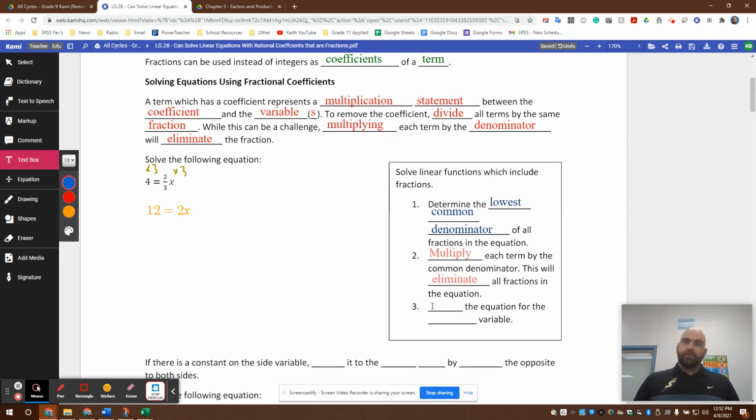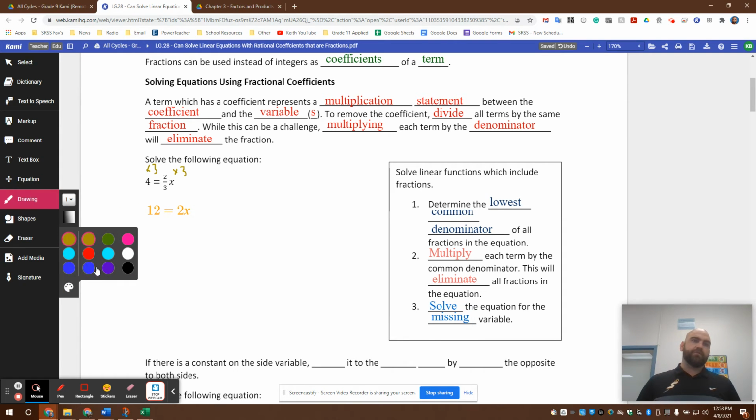So finally, we're going to solve the equation for the missing or blank variable. So now we can solve for x. Now in this case here, solving for x is going to mean that we are dividing both sides by 2.